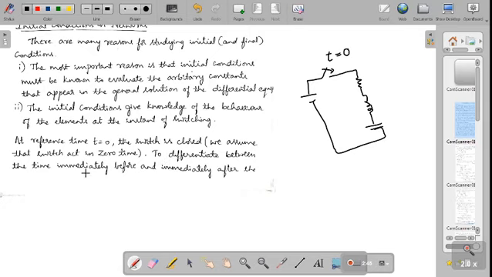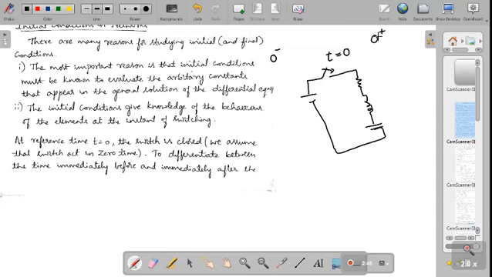To differentiate between the time immediately before and immediately after the switch is closed: the time before the switch is closed is taken as 0 minus, and the time after the switch is closed is considered as 0 plus. 0 plus is nothing but the immediate time after 0.